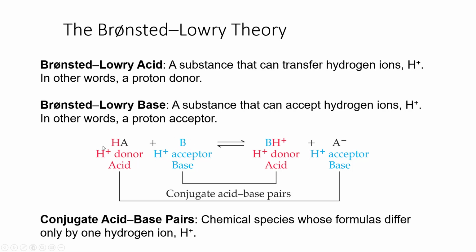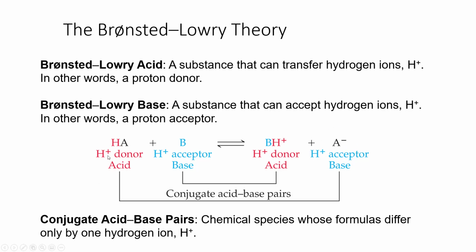We can see that as we go from the left-hand side to the right-hand side, our acid has donated its hydrogen and now forms what's called a conjugate base, where the conjugate acid-base pair are chemical species whose formulas differ only by one hydrogen ion, or H+. HA here turns into the A- anion.